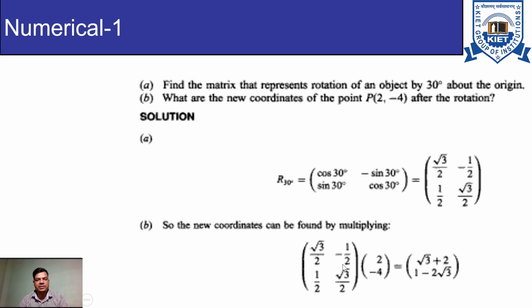You can see here we are multiplying these two matrices. The first matrix is the rotation matrix and the second matrix is the object matrix, and multiplying them we get the final answer as root 3 plus 2 and 1 minus 2 root 3. That means after rotating the point P (2, -4) by an angle of 30 degrees, the new coordinates become root 3 plus 2 and 1 minus 2 root 3.